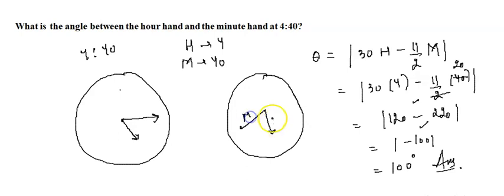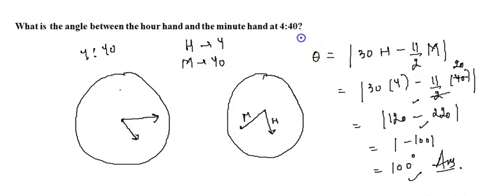If this is the minute hand and this is the hour hand, then depending upon which hand has traced the greater path, that represents whether the angle is coming out negative or positive. But you need not bother about it. You have to take the modulus value so that the angle will always be a positive value. So this will be the angle traced by the minute hand and hour hand at 4:40. We have covered this formula.